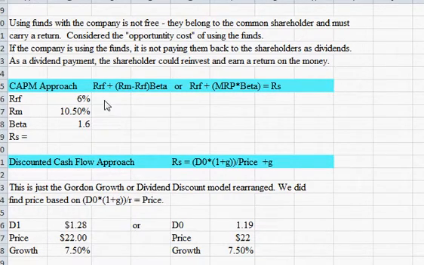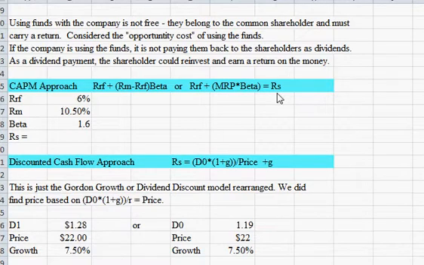Formulas here. Take the risk-free rate and add to that the difference between the market rate less the risk-free rate, which is also known as the market risk premium, and you multiply that times the beta of the company. So it's rewritten here to be the risk-free rate plus the market risk premium times the beta will give you the required return of the stocks.